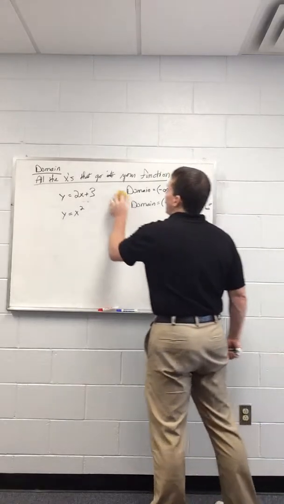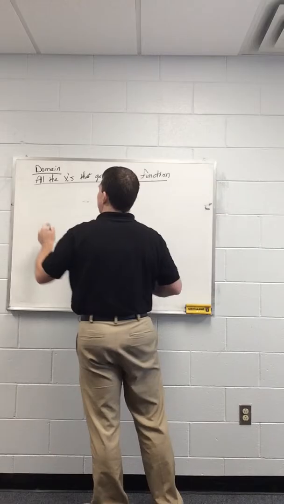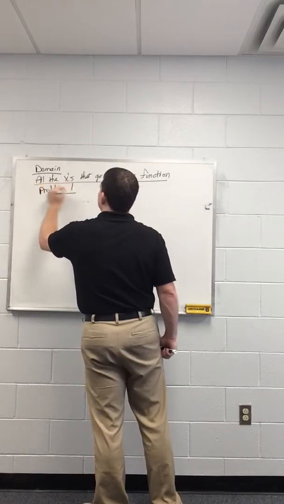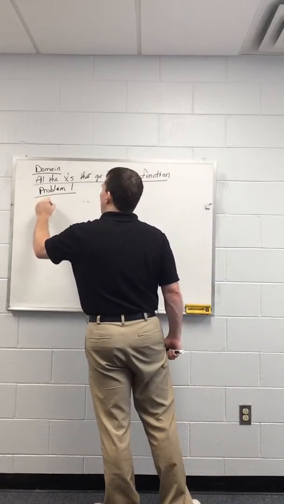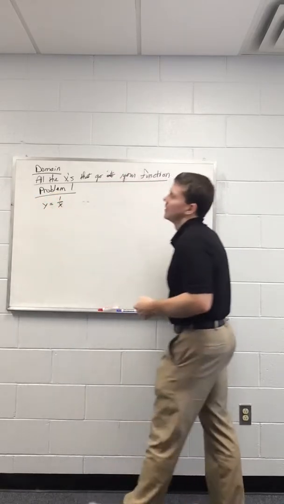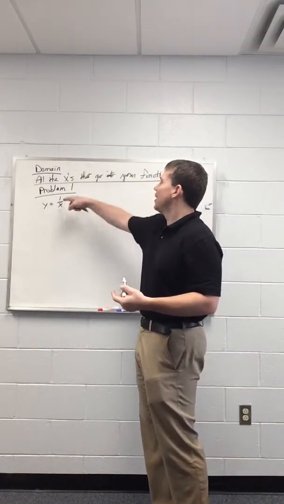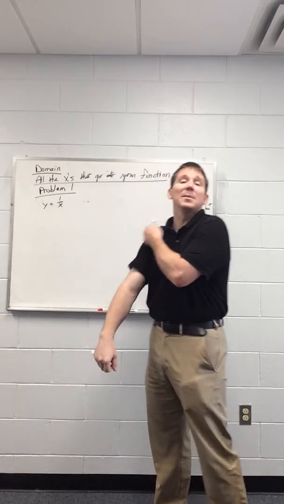But there are a few problems that can occur with other functions, and we want to look at those right now. So I guess we'll just start with problem 1. First, suppose I have y equals 1 over x. Again, trust me, if you're unsure, this is a function. No matter what x I plug in, I'll get 1 over x, which will be one number, which will be my y.